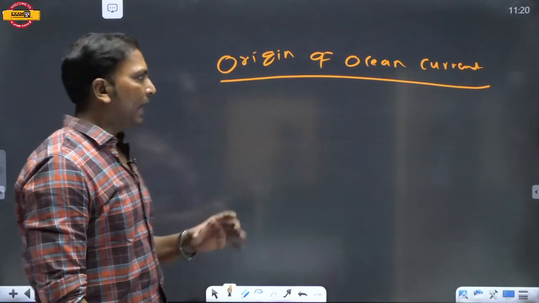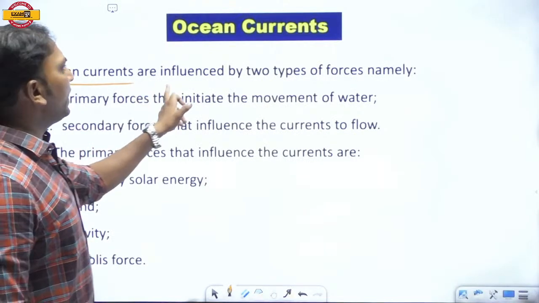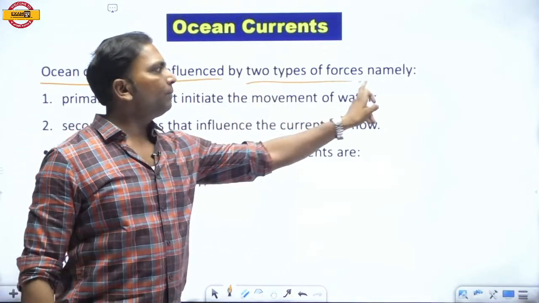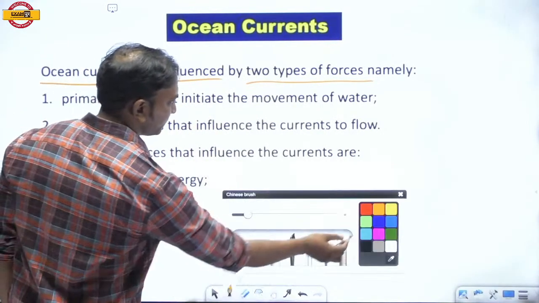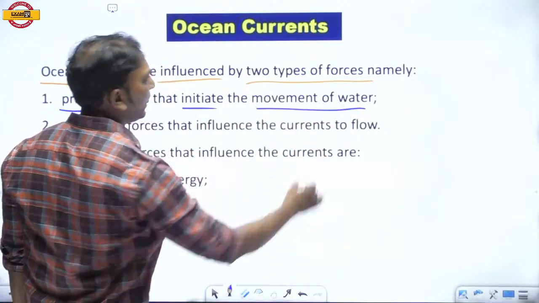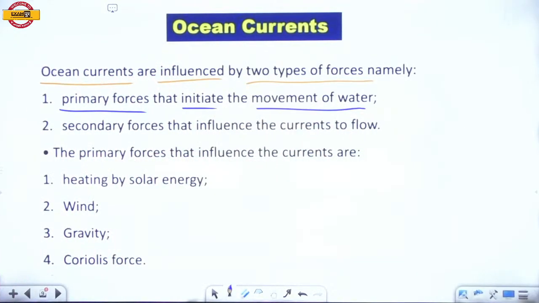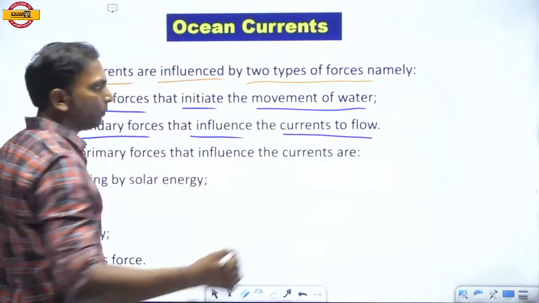I'm dealing it, just have some facts. So ocean currents are influenced by two types of forces, namely primary forces that initiate the movement of water and the secondary forces that influence the currents to flow.